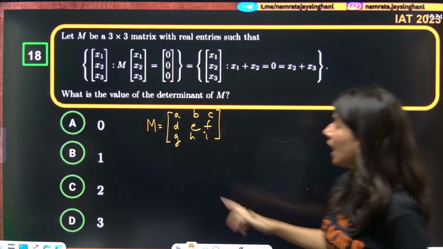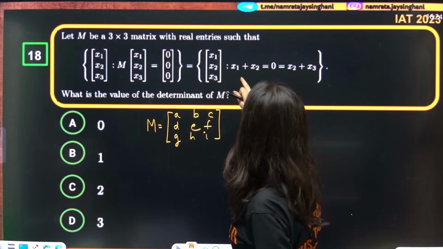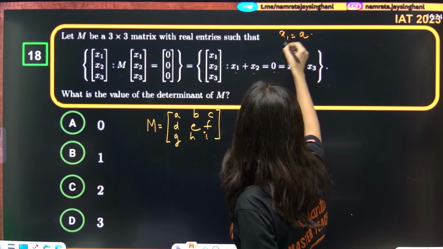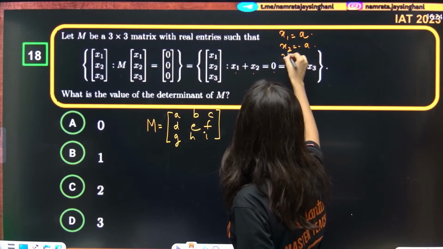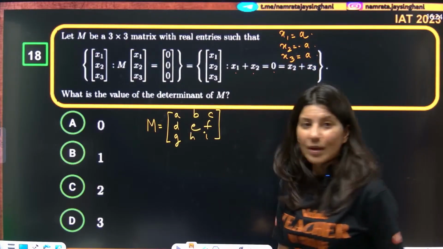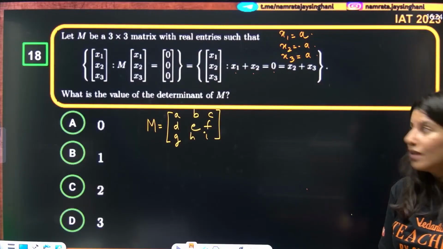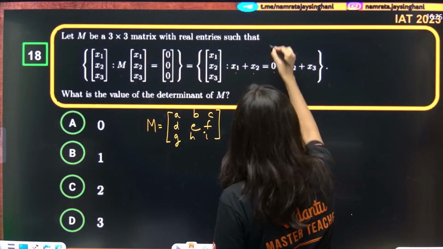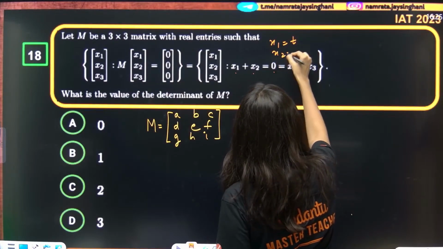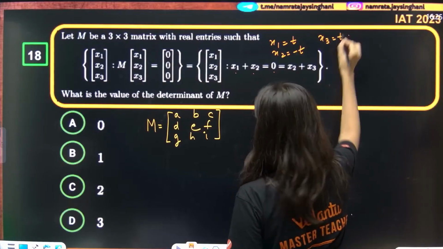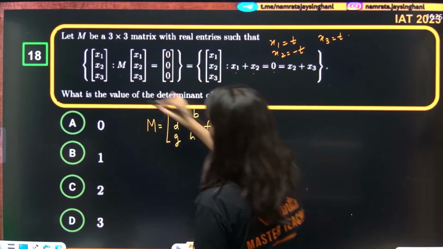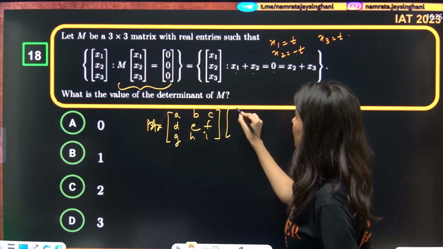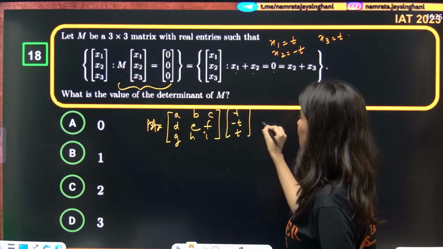All right. Now, if you multiply this thing, now one more thing, x1, x2, x3. Suppose x1 is equal to A, x2 will be equal to minus A and x3 will be equal to again plus A. So, let's not take A. Let us mark this as, so x1 is T, x2 is minus T, x3 is T. Okay, so if you multiply this with T, minus T and T, what are you going to get?